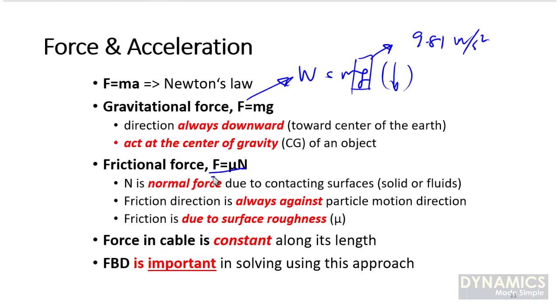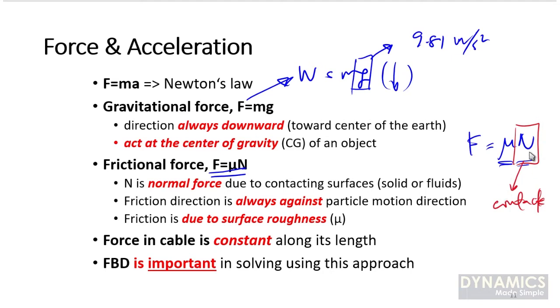We will also be using this a lot. Okay, frictional force. All right. When we have friction, we can look at this friction equation to guess when friction is important. Okay, so we have two parameters here: the coefficient of friction and the normal force. Okay, normal force exists when we have contact, or we have two contacting surfaces.